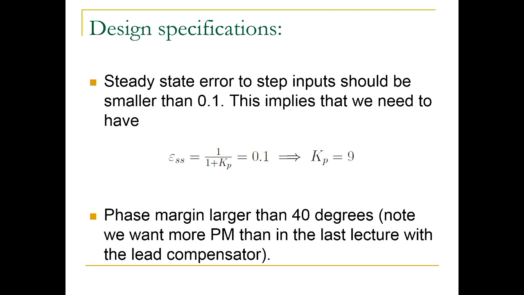Well, what we are trying to do here is actually design the compensator gain, right? So you can do this in different ways. We could have said the plant gain is fixed, and then we would be trying to design compensator gain.